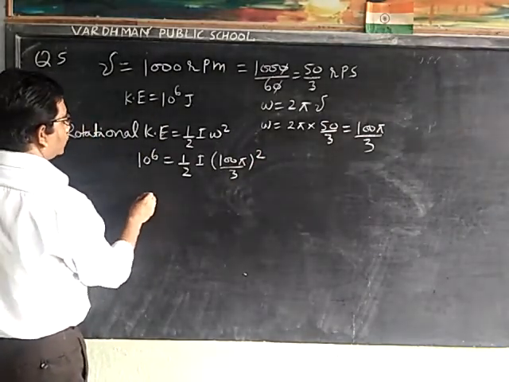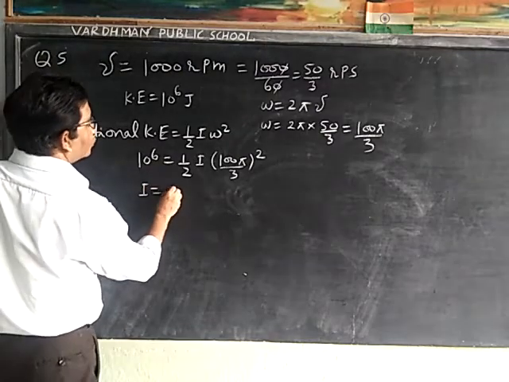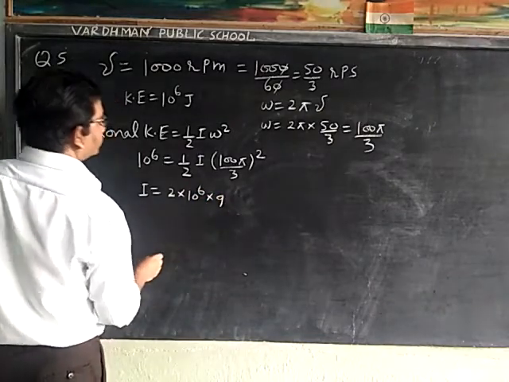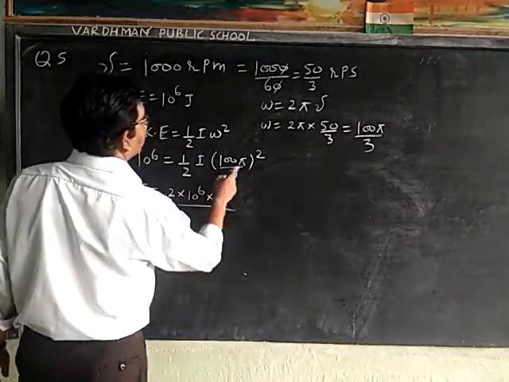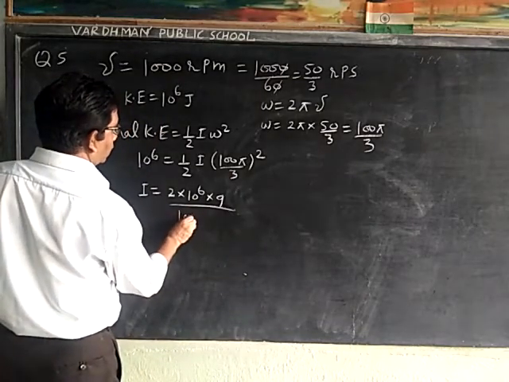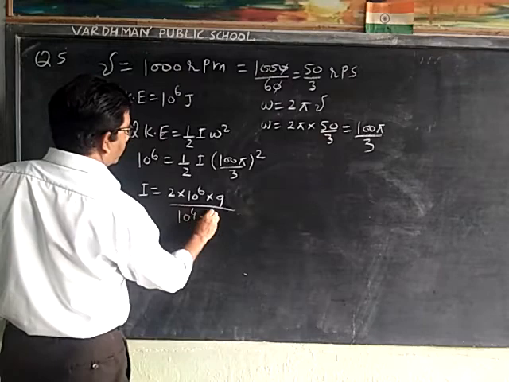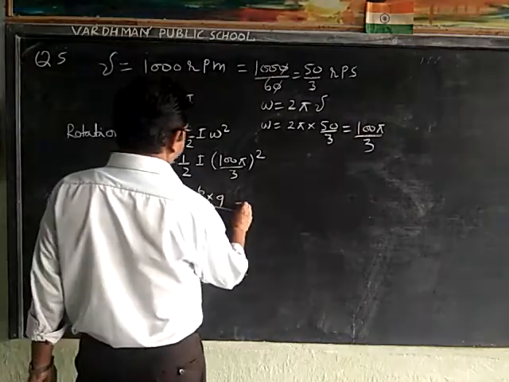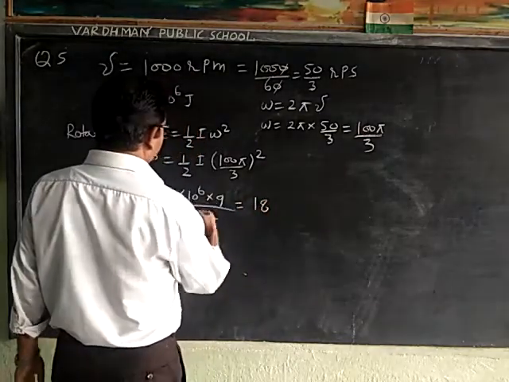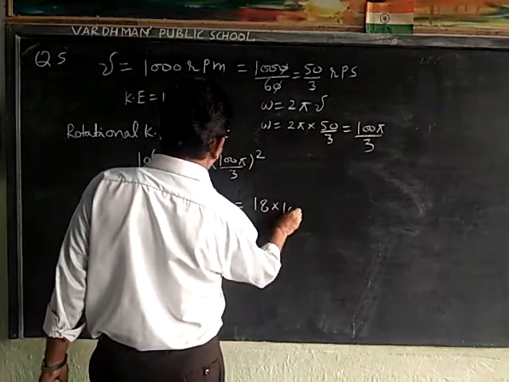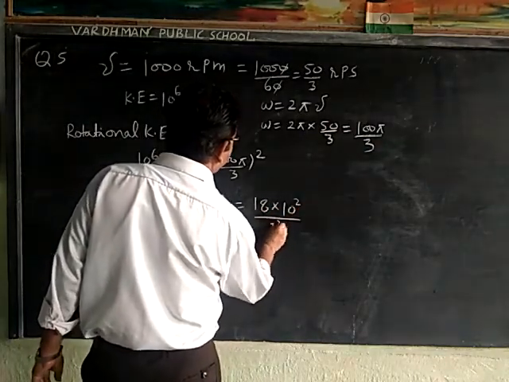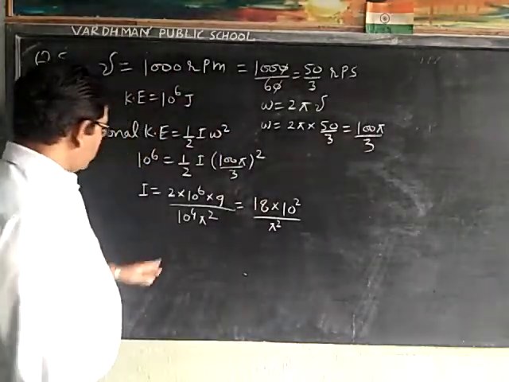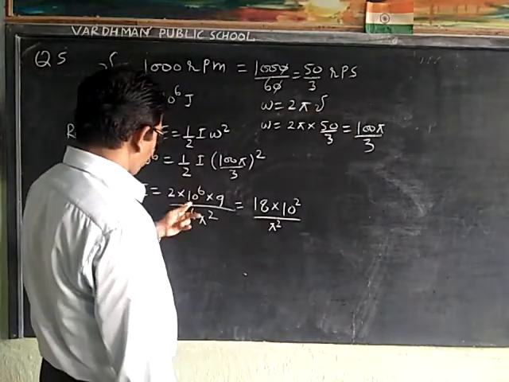Then I is equal to 2 into 10 power 6 into 9 upon 10 power 4 pi square. Then it becomes 18 into 10 power 2 upon pi square.